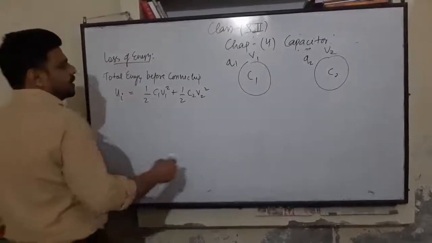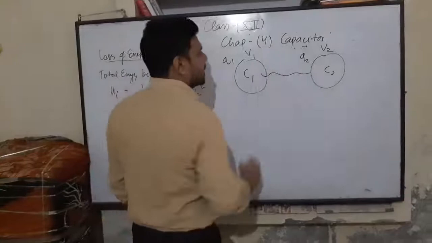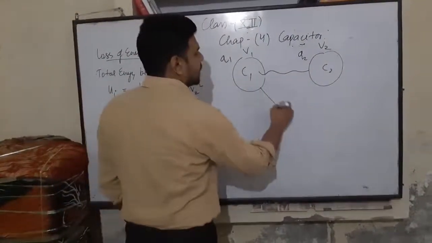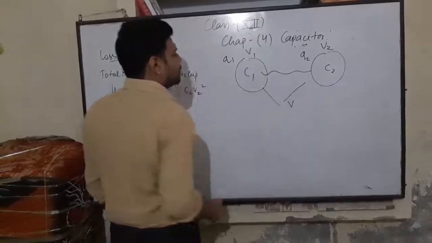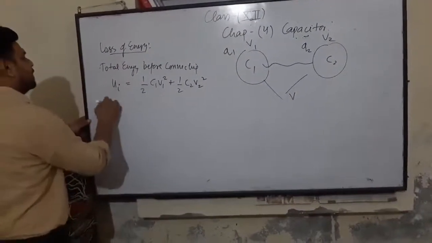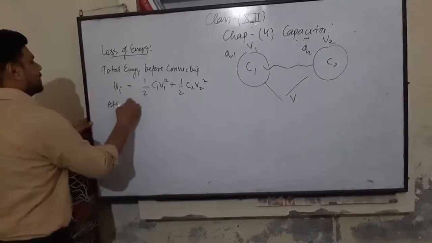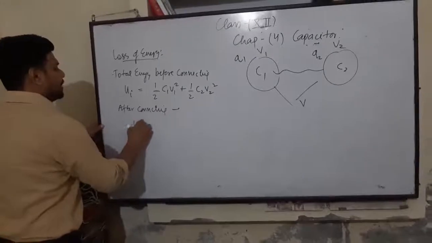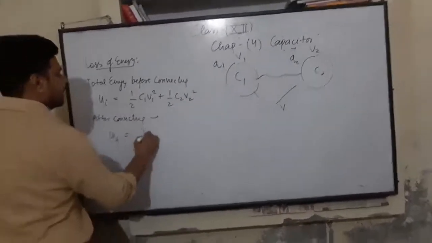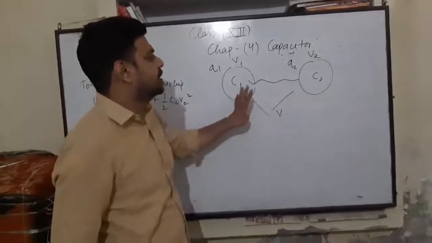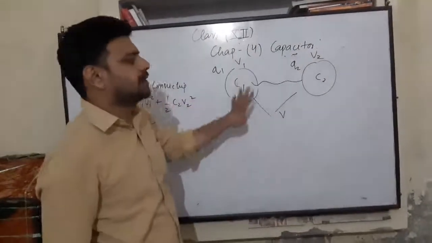Now, if we connect them with a connecting wire, they become at some common potential V. So, the total energy after connecting, U final. After connecting, these two capacitors make an isolated system.